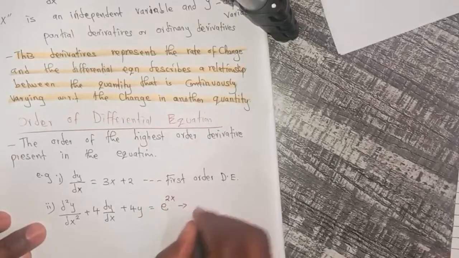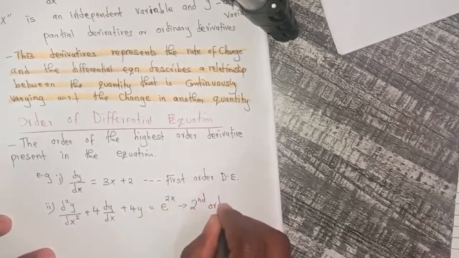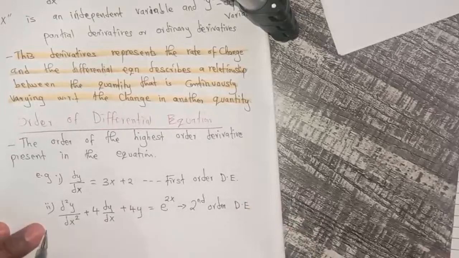So we can say that this is a second order differential equation. Why is it second order? Because the highest derivative is of order 2, so that's why it's a second order differential equation.